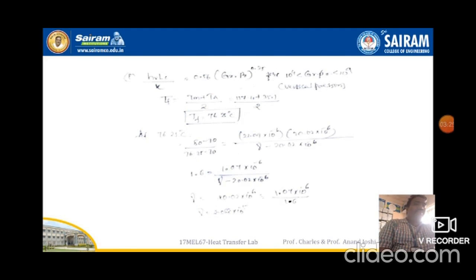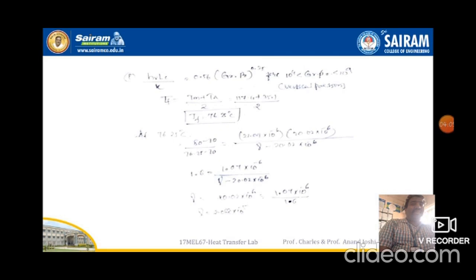If the position of the pipe console is vertical, we consider hv Lc divided by k equal to 0.56 (Grashof number times Prandtl number) to the power of 0.25, for 10 to the power of 4 less than Grashof number times Prandtl number less than 10 to the power of 9. This is the equation we use. The film temperature Tf is (Tm plus Ta) divided by 2, so (117.4 plus 35.1) divided by 2 gives 76.25 degrees centigrade.